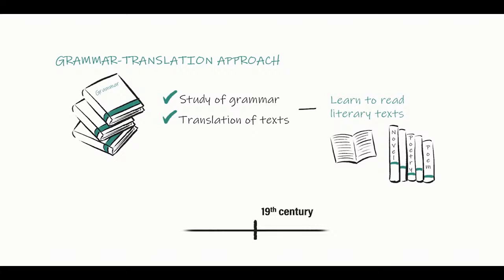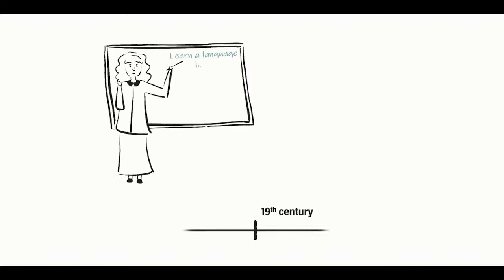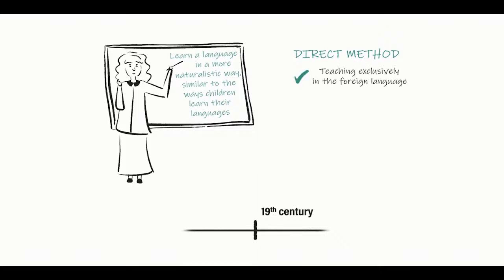This was followed by attempts to make language learning more naturalistic, more similar to the ways children learn their languages. The direct method was introduced in the late 19th century, teaching exclusively in the foreign language and focusing on speaking and listening.